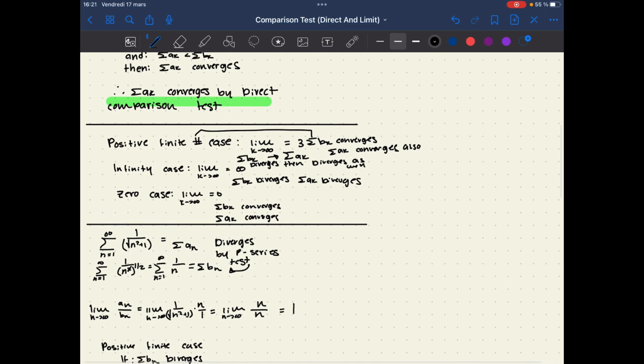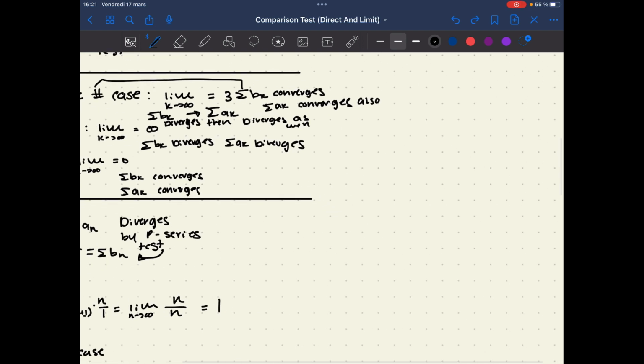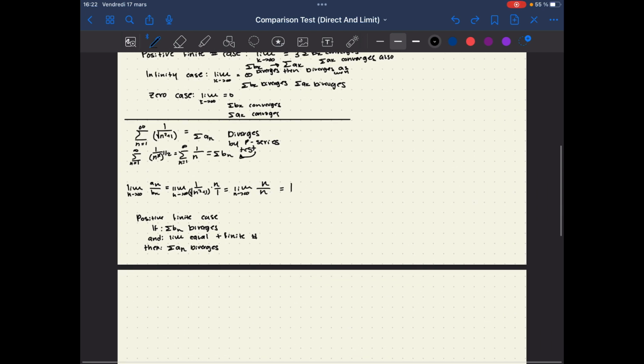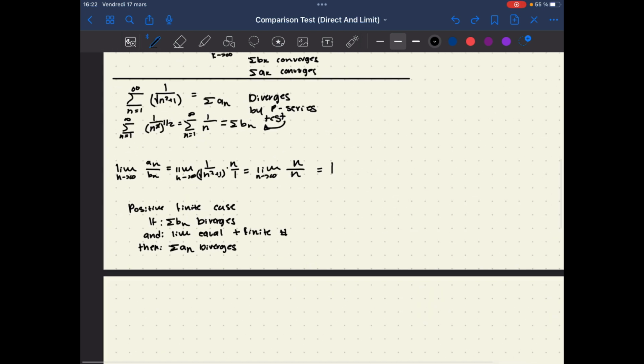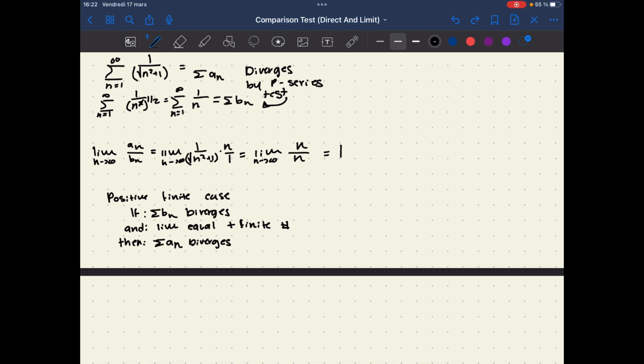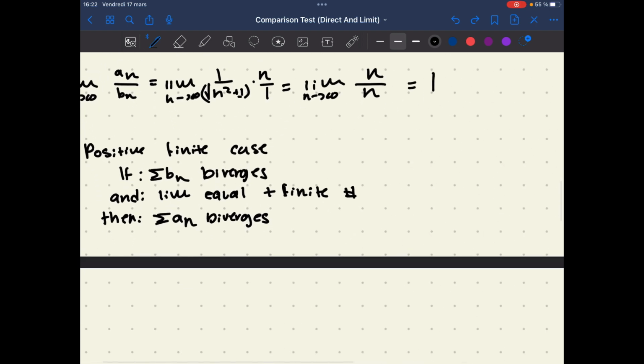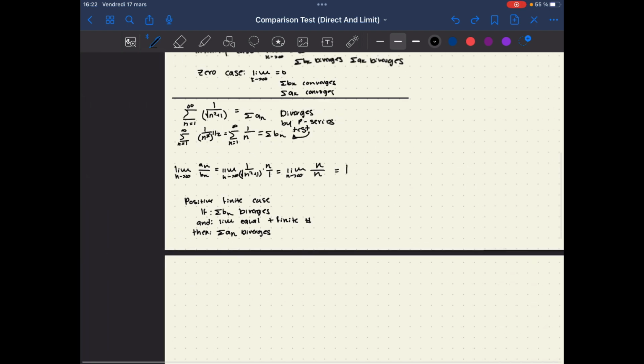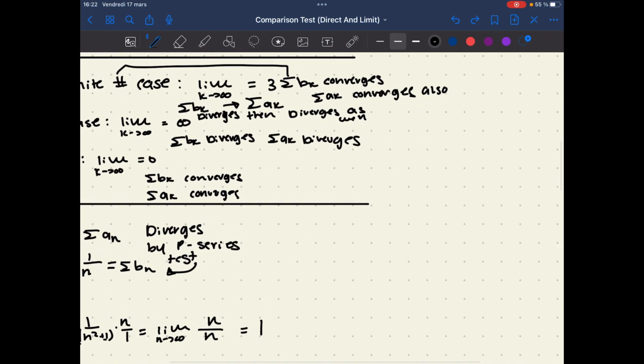And this is going back to the positive finite case. Remember how I said that if b sub k converges, then a sub k will converge, but if b sub k diverges, then a sub k will diverge as well. It doesn't have to necessarily be a sub k or a sub n or basically any letter you want, as long as you can identify that the second series diverges, and the first series will diverge as well.